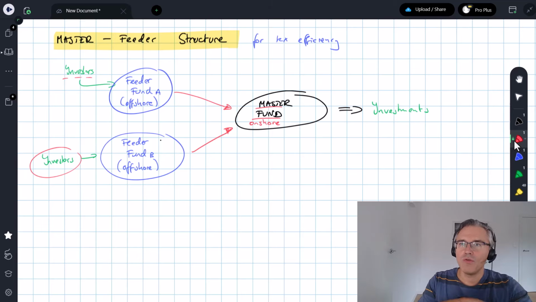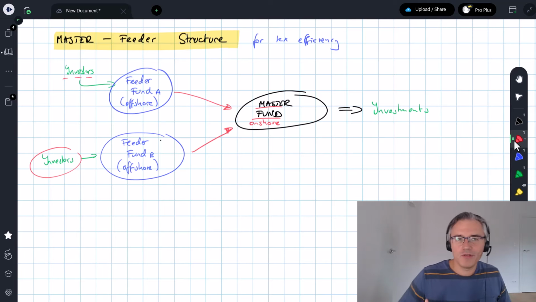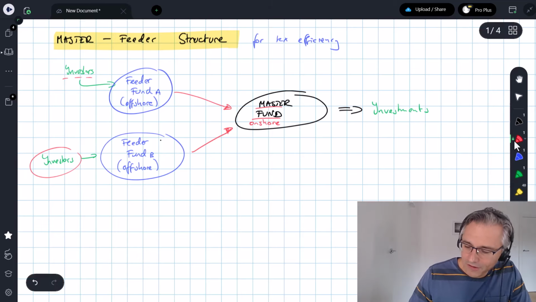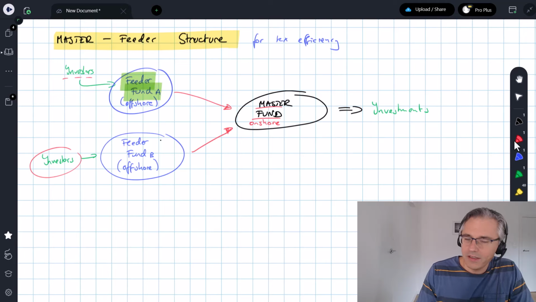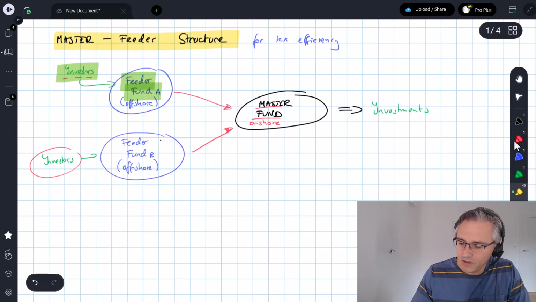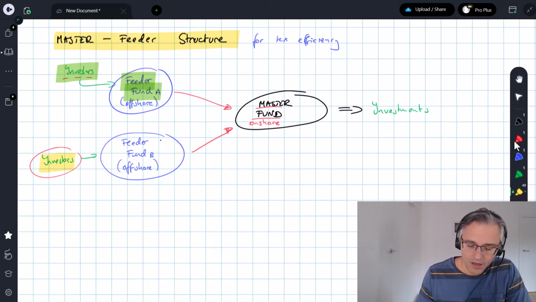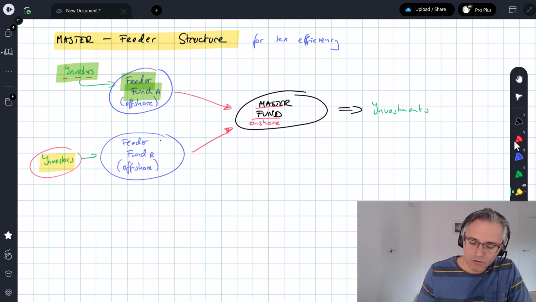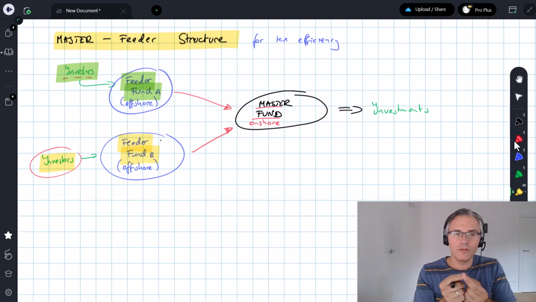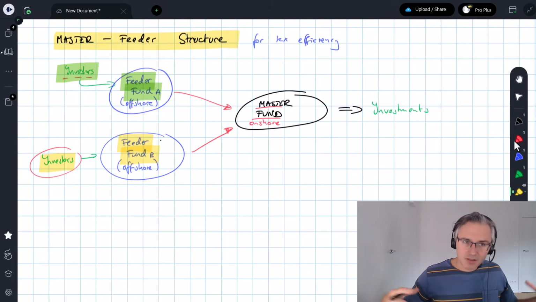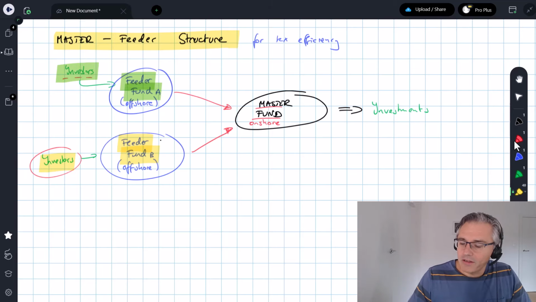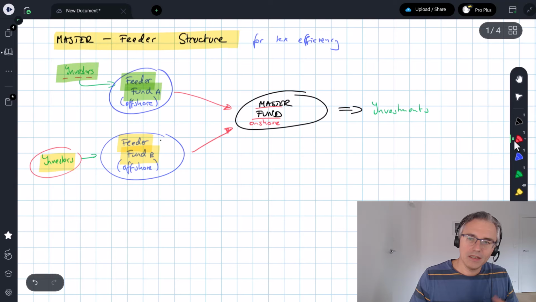Making it so universal as to fit everybody's needs probably makes it not so good for other reasons, or you'd dilute the purpose, which is why very often feeder funds are set up with the needs of specific investor groups in mind, or even sometimes a single investor with very specific tax circumstances who will want to put money in a fund that's structured according to their needs. But that's not the fund making the investments, that's the fund that just takes the capital and feeds it on to the master fund, where the managers actually perform all the investment decisions.